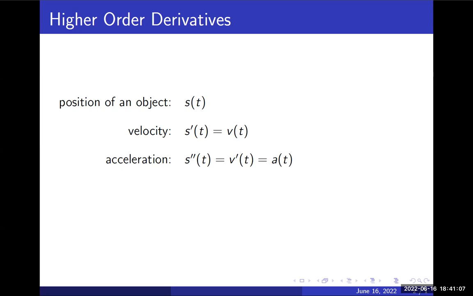Now there is one more. We don't really see this a whole lot, but what if we went to a third derivative? What's the instantaneous rate of change of acceleration? This is not something we really think about, although we do experience it, say if we drive. What if your acceleration is changing?